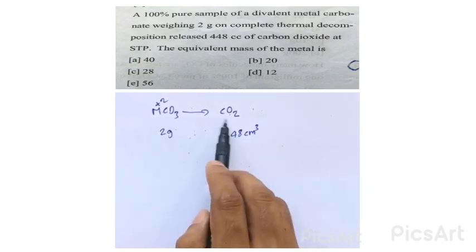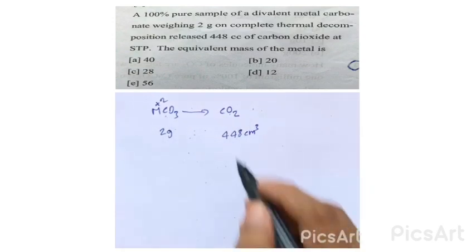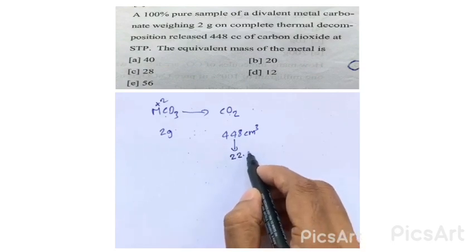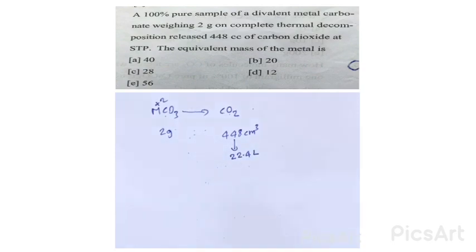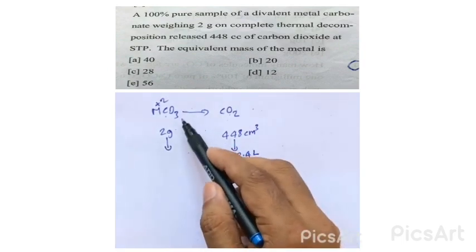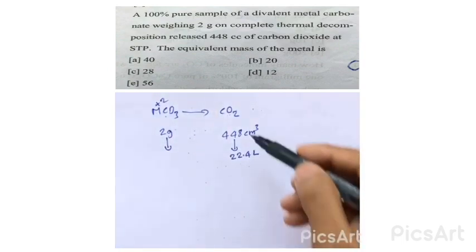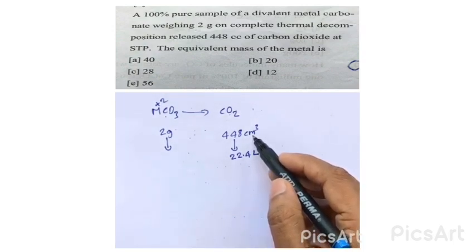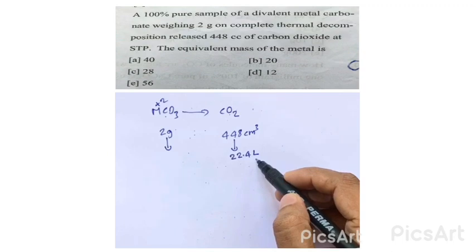Again, this reaction is balanced, one carbon, one carbon. If it is converted to its molar volume, 22.4 liter, it will convert to the molar mass of MCO3. How can it convert? First, cubic centimeter is to be converted to liter.